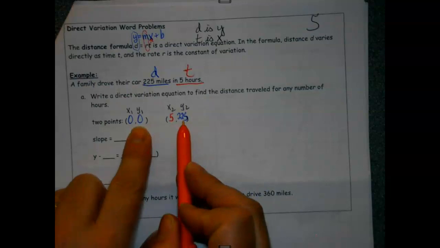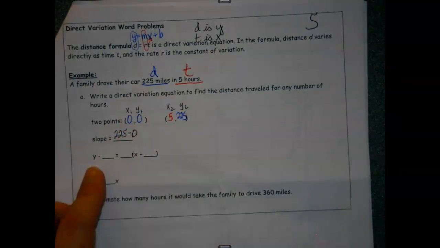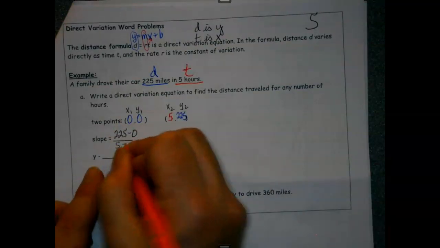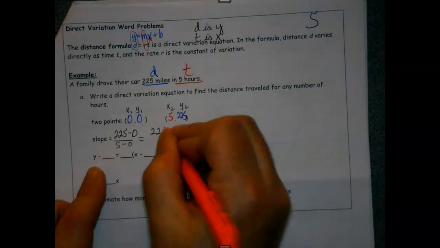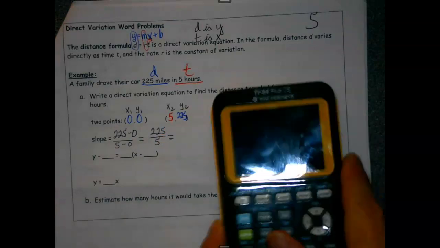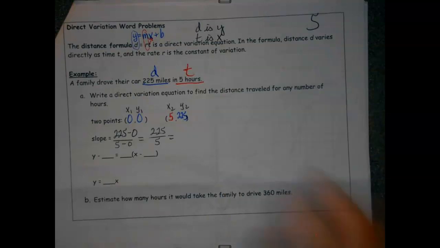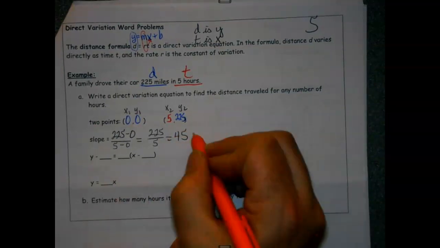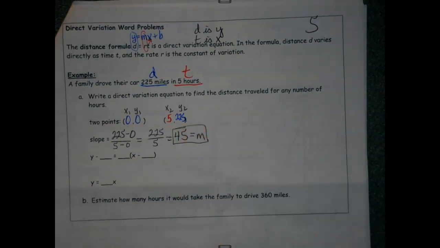Again, we're going to subtract our y's on top. We're going to subtract our x's on the bottom. Let's see here. It is, I believe it is. So there's my slope.